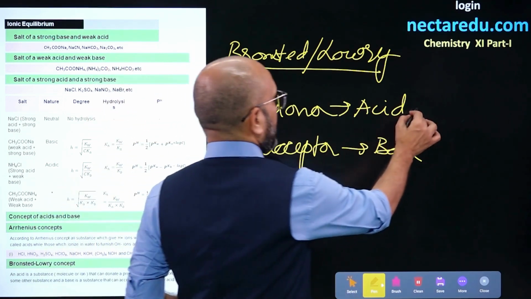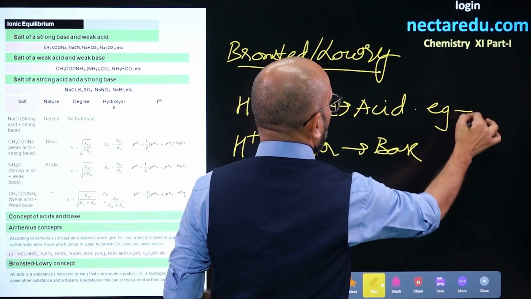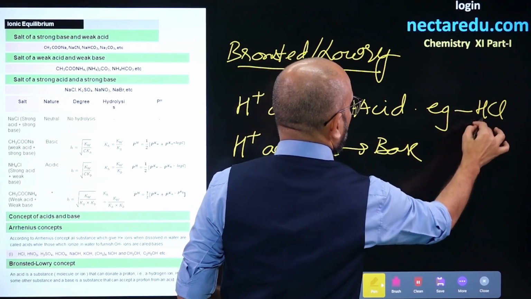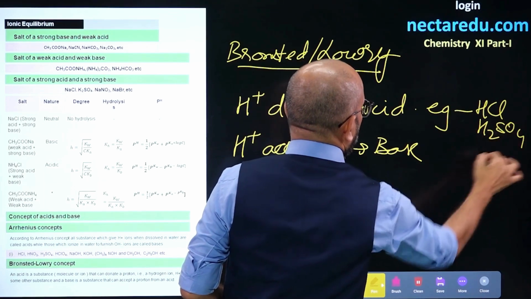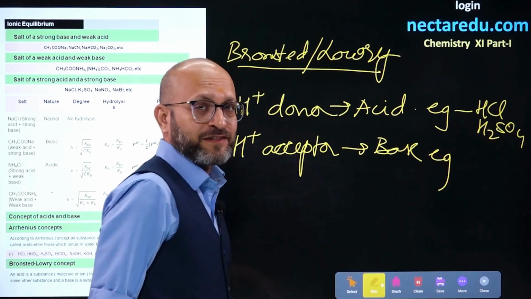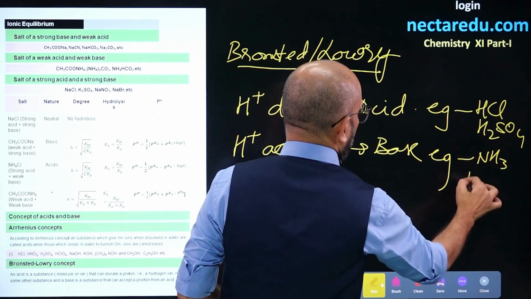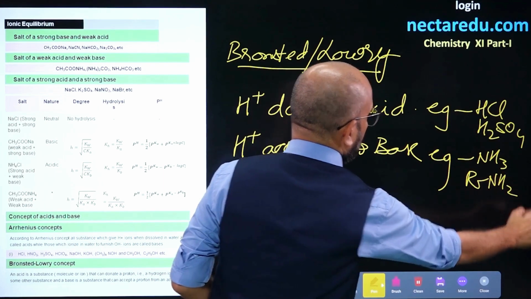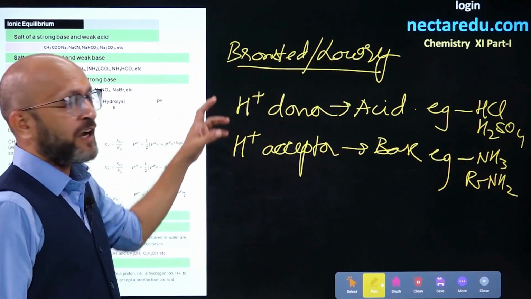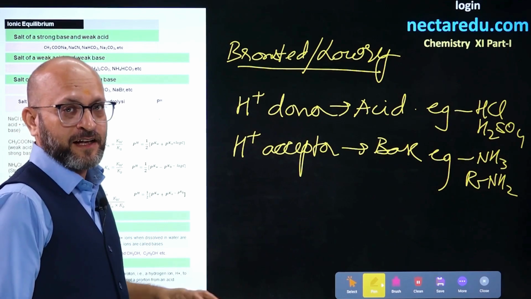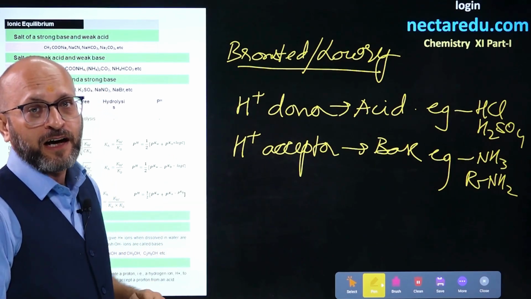All right. For example, the examples are the same here, HCl, H2SO4 and all those. But here the examples are not the ones which had OH minus. You will have ammonia, amines. These are bases which are specifically Bronsted bases, but not Arrhenius bases.